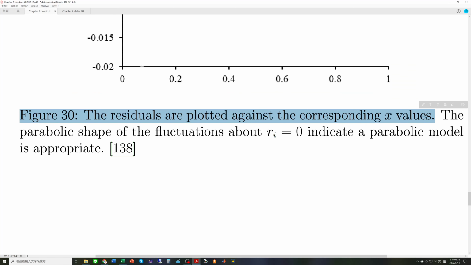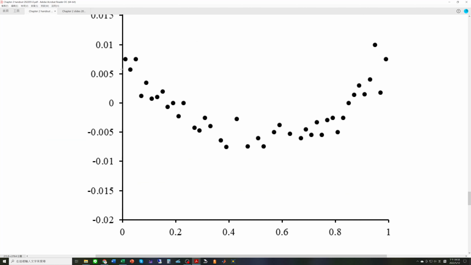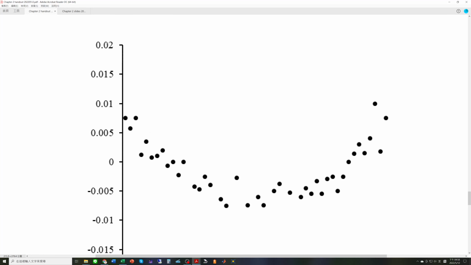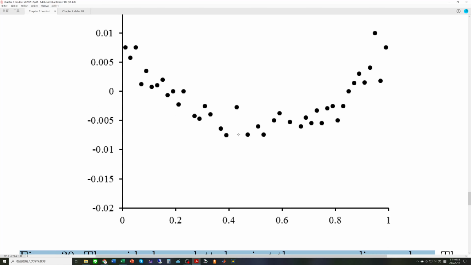You can see that on the x-axis, there are x values from 0 to 1, and on the y-axis, there are residuals from negative 0.02 to 0.02. Again, there are many black points on the figure.